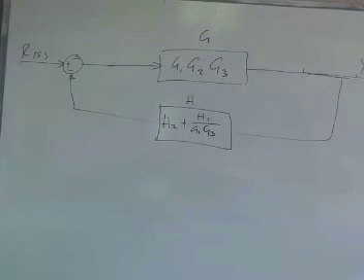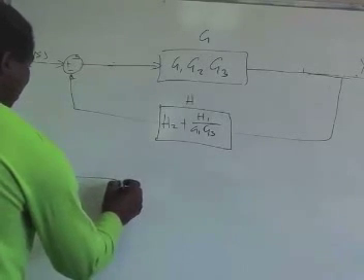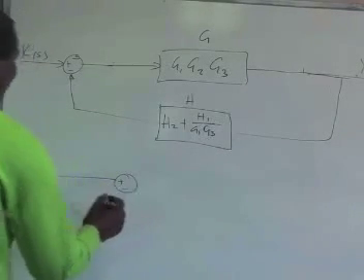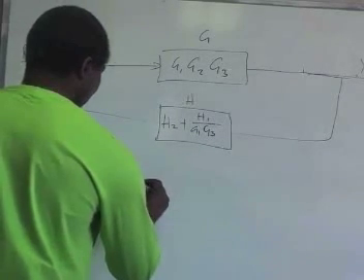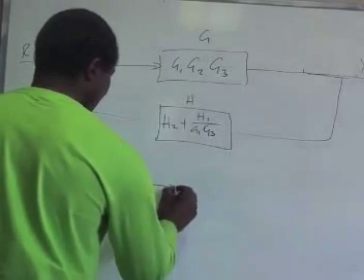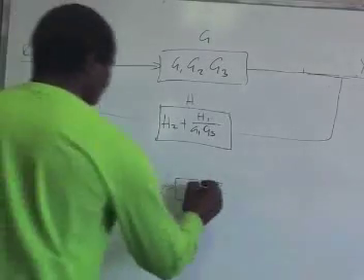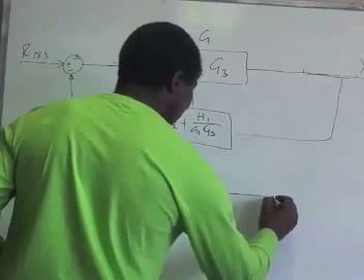Which brings us to another point. When we have a system like this, to do the open loop equivalent of a closed system, the open loop equivalent of a feedback loop system.